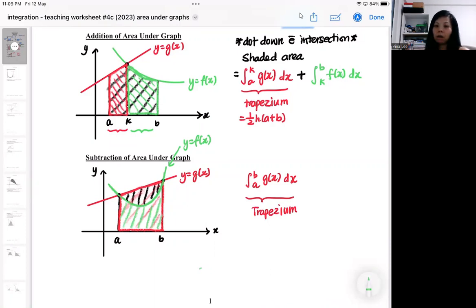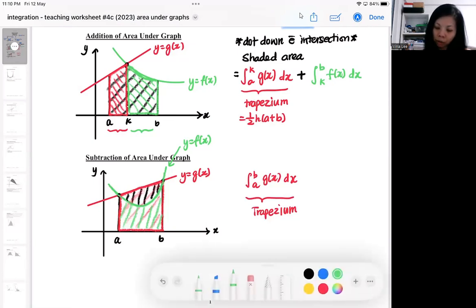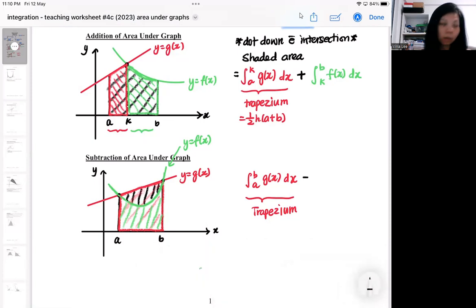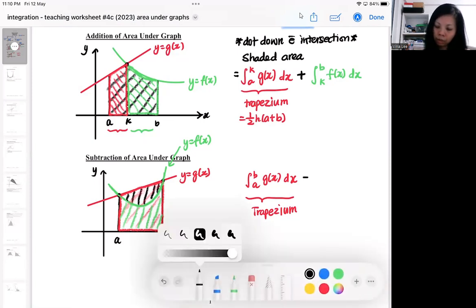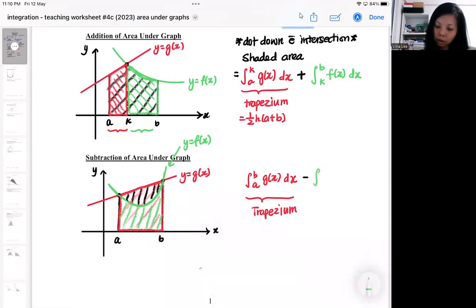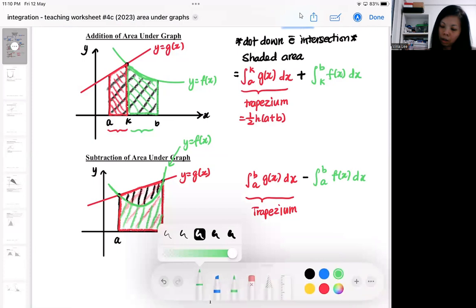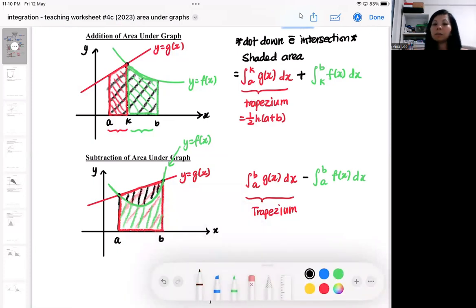So the green one will be under the graph, so I'm going to do a subtraction on the area under the curve. So the shaded area will be the trapezium, the red color, subtracting the green color.